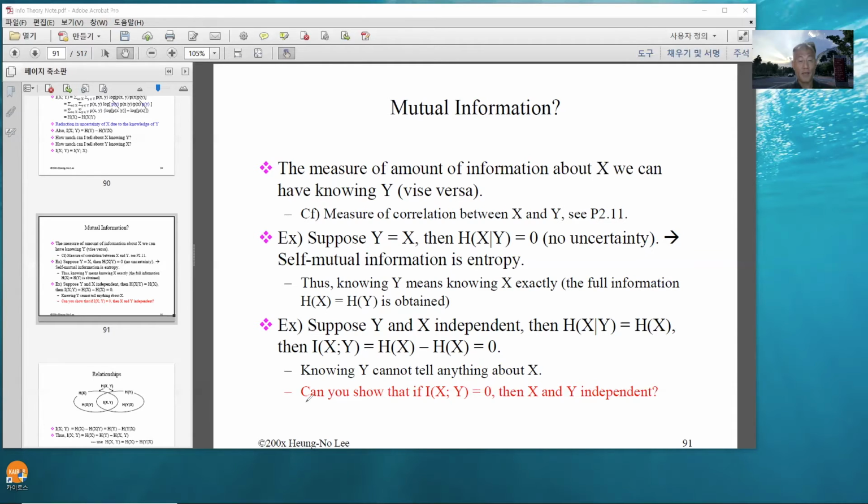When X and Y are independent, we can easily show that the mutual information is equal to 0, as we have already shown. But can you show the other way around? For example, if mutual information is 0, then the two random variables are independent. So that means X and Y are independent if and only if mutual information is 0.